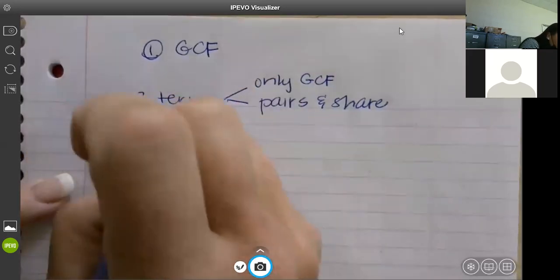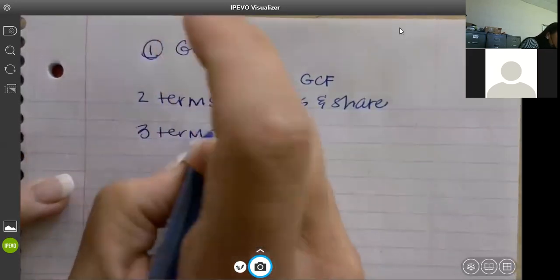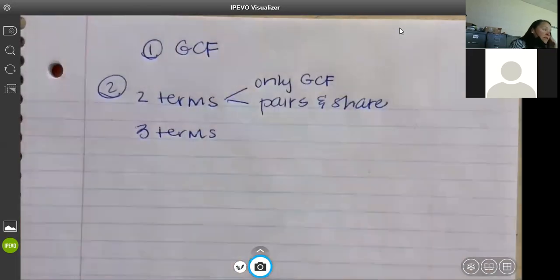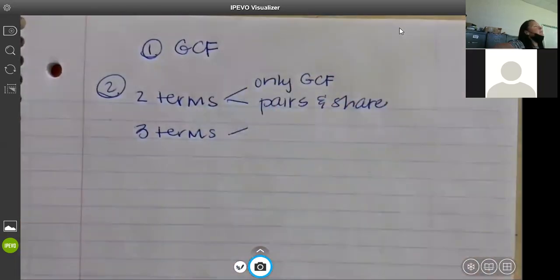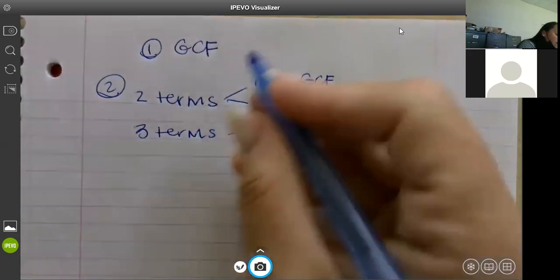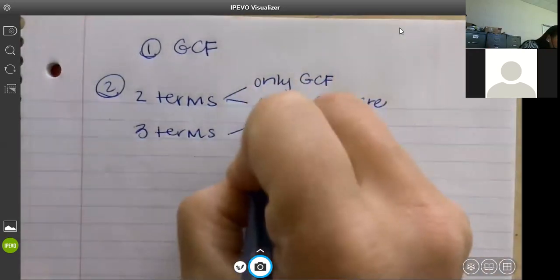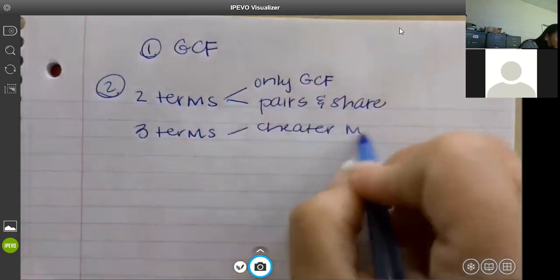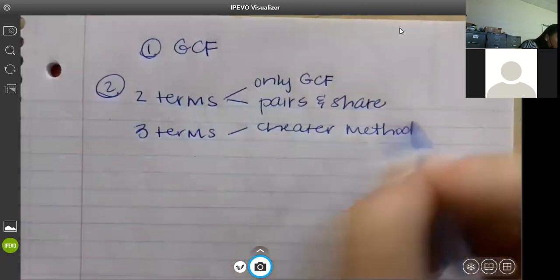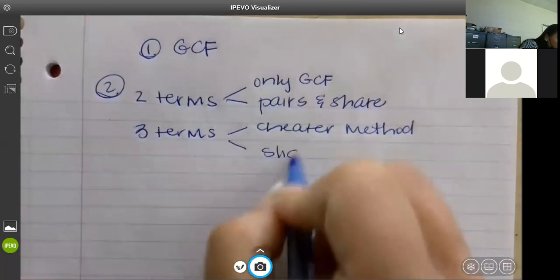If you have three terms, the first thing you're going to do is GCF. The second thing you're going to look for is, is it like n squared or is it 2n squared? So if it's three terms, you're either going to do your cheater method or you're going to do slide and divide.